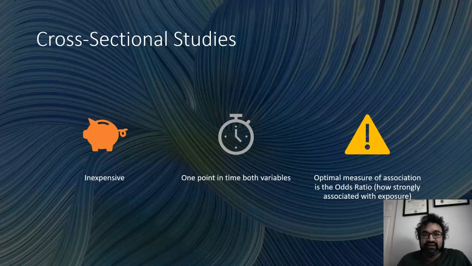The second thing that's important is that if you think of a study in terms of two variables, an explanatory variable and an outcome variable, those two variables are actually collected at one point in time.